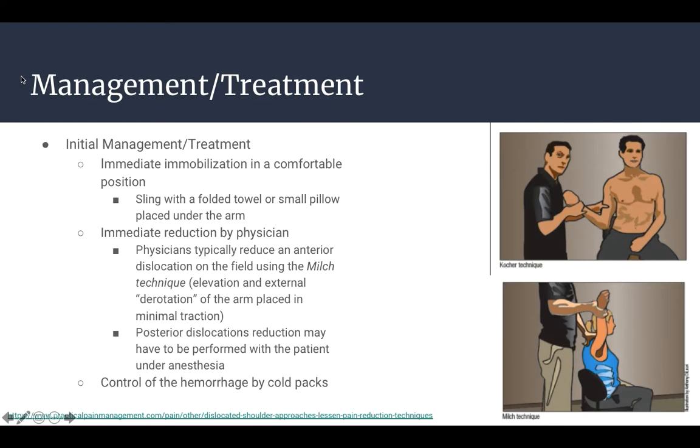Physicians typically reduce an anterior dislocation on the field using the Milch technique, which utilizes elevation and external rotation of the arm placed in minimal traction. For posterior dislocations, the patient may have to be under anesthesia for the reduction to be performed. After the reduction, you need to control the hemorrhaging with cold packs and ice packs.